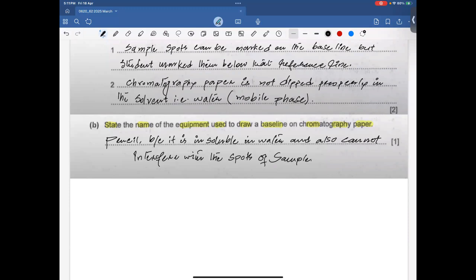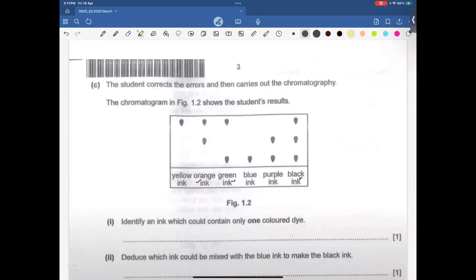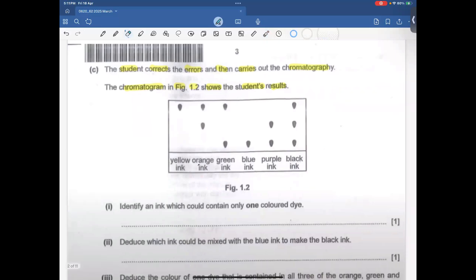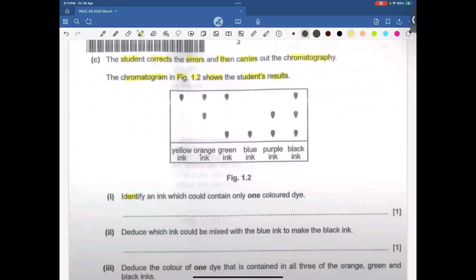Now the next is: the student corrects the error and then carries out chromatography. The chromatogram in figure 1.2 shows the student's results. Okay, ये results आ गए आपके पास. Identify an ink which could contain only one colored dye. So whenever we have one colored dye, इसका मतलब has to be only one spot.